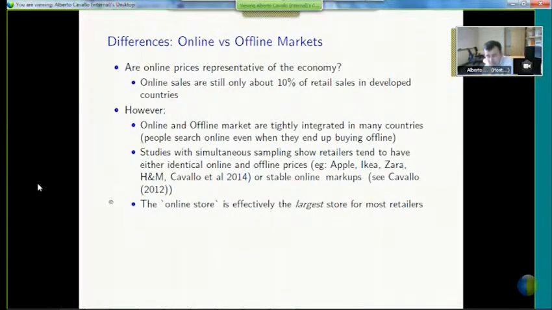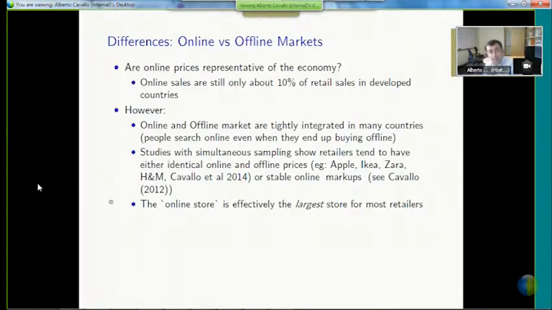And we have performed several studies with which we try to obtain online and offline data at the same time from different retailers, and we have found that in most cases prices are identical, and in some others the online site behaves as just another retail outlet of these companies, but it does not have a very different price behavior.